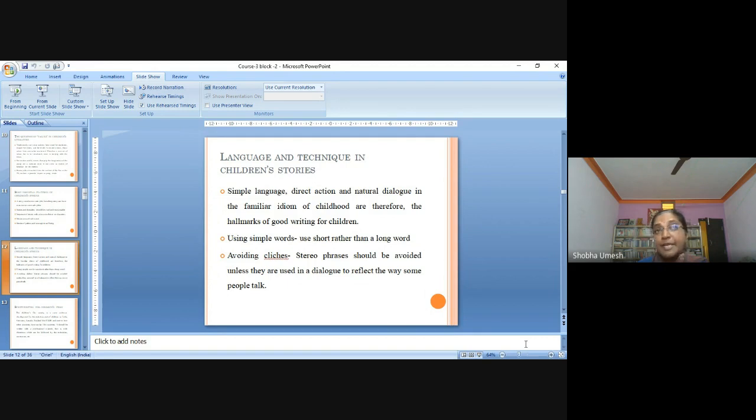Phrases should be avoided. We should not incorporate many phrases or idioms in the narration. So it should be a simple talk which takes place between the characters.